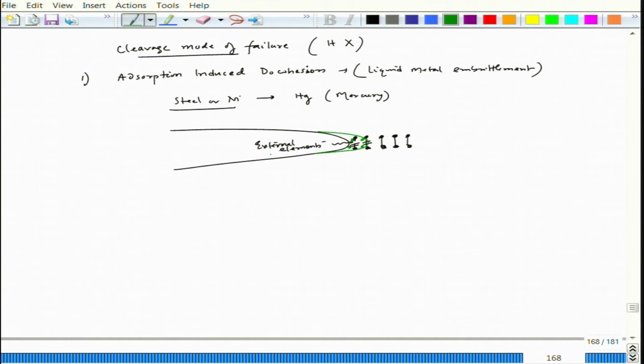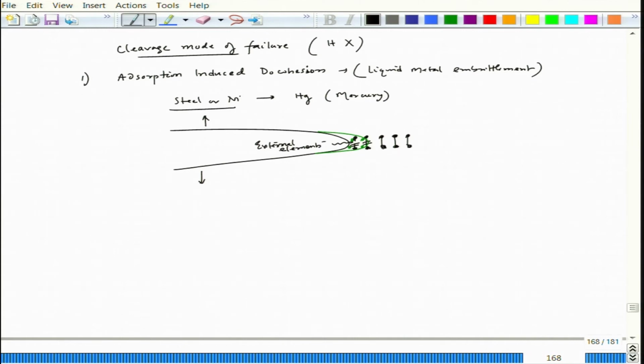That way the crack grows into the material, and of course there is a stress across the crack. So, this is the adsorption induced decohesion model.